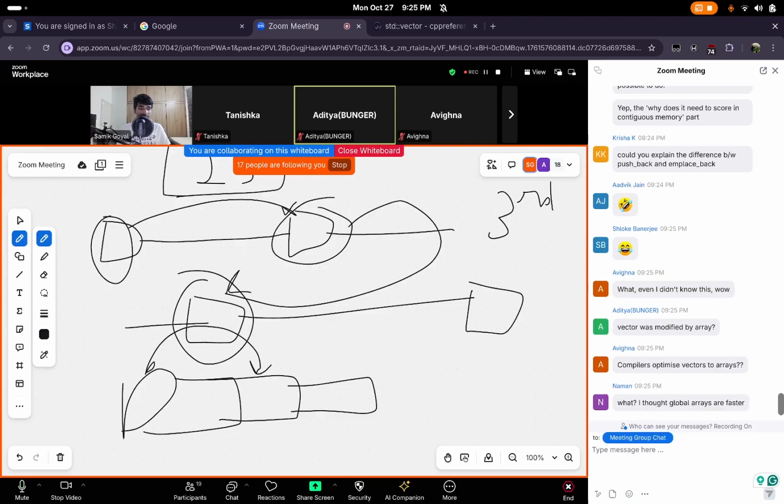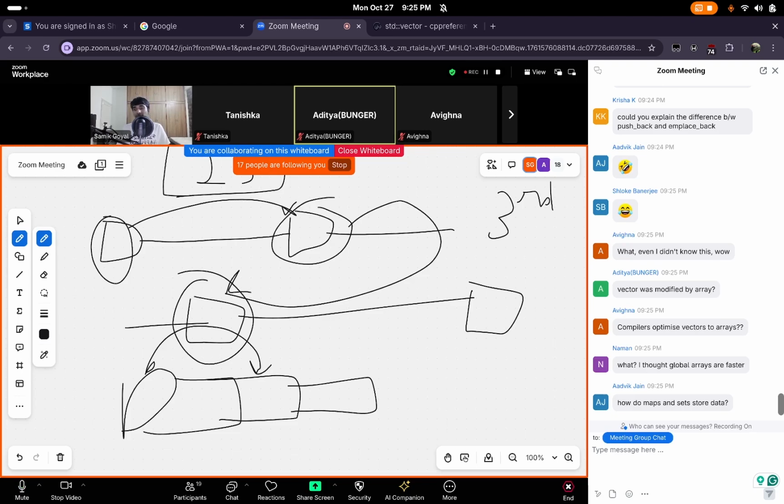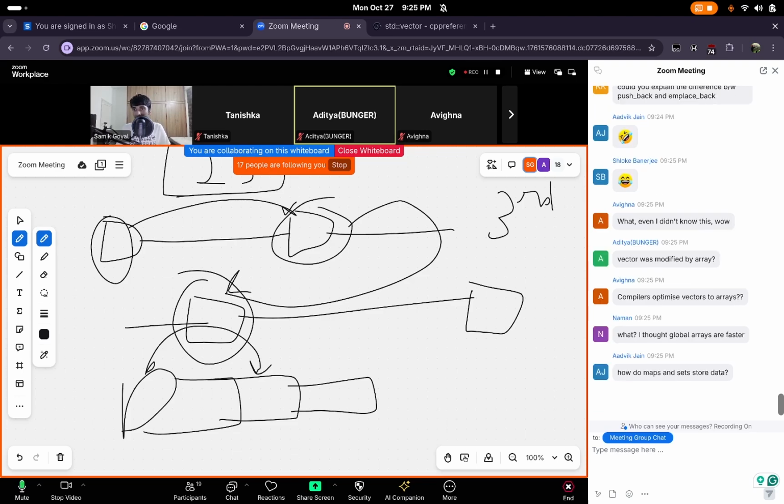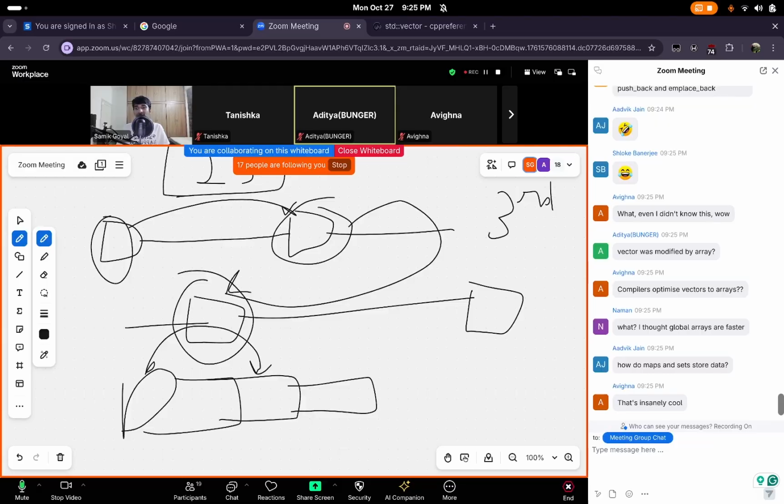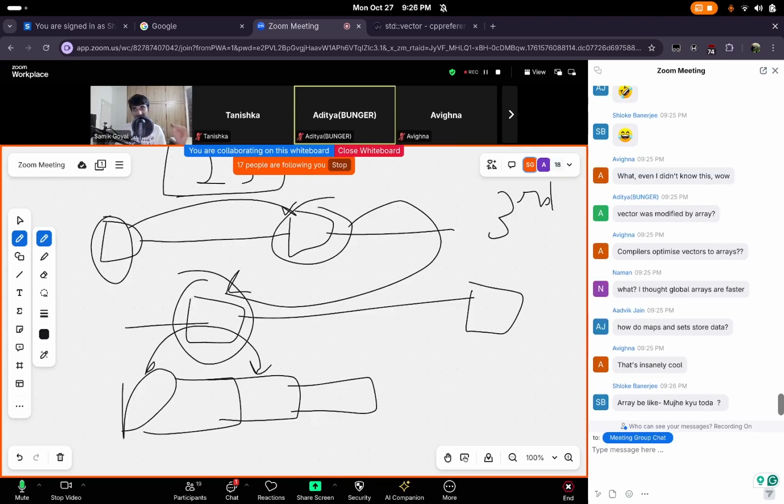So global arrays: unless you're doing something really, really weird, where you can really optimize it by storing it in a big global array, then you might benefit from the speed, but anything above that will be just as fast as a vector.